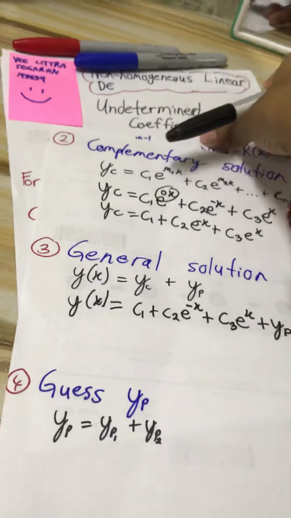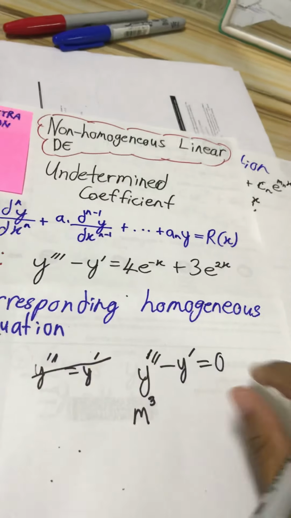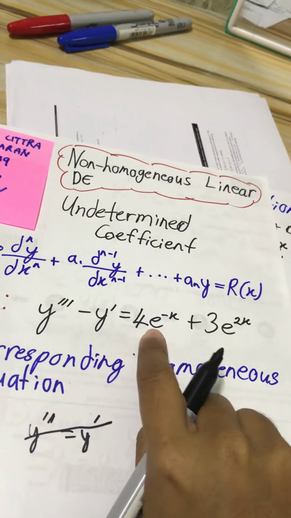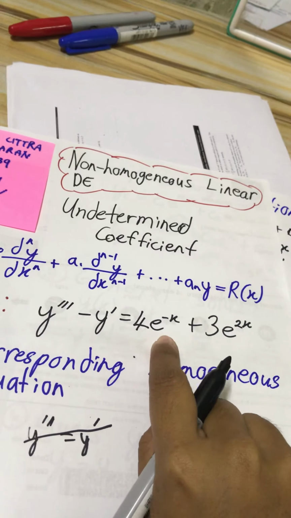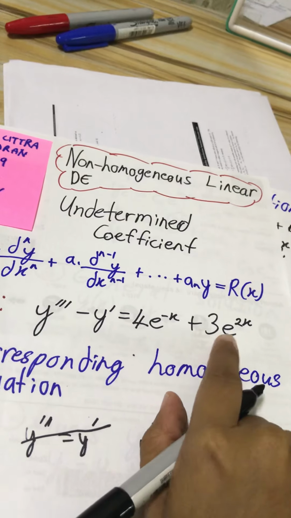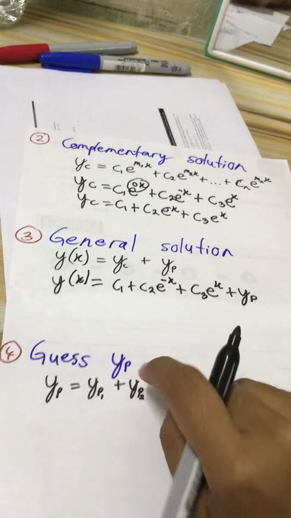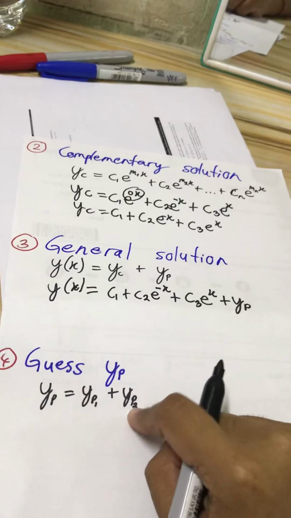Here if we refer back to the equation given, the right side of the equation is 4 exponential power of minus x plus 3 exponential of 2x. So to guess the yp, we use yp1 plus yp2.